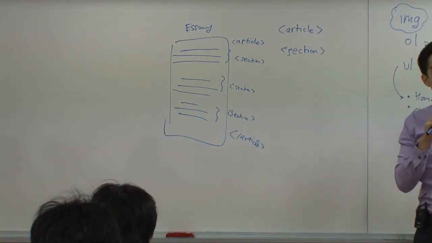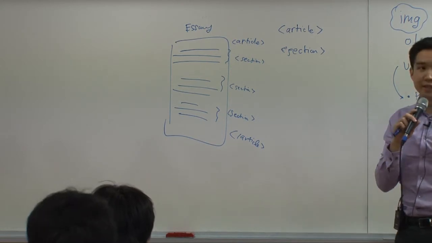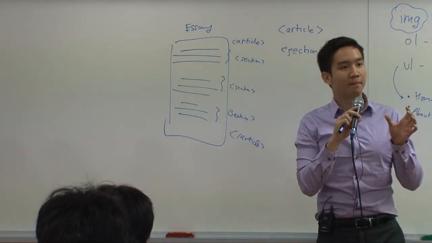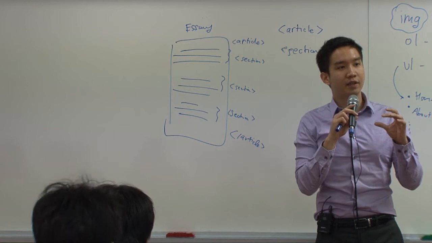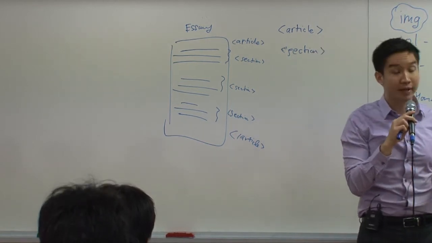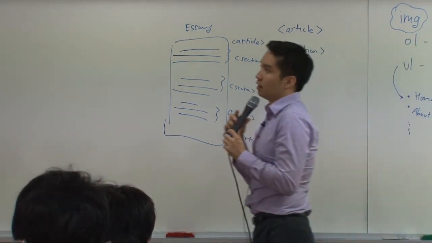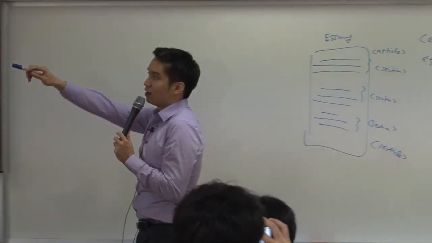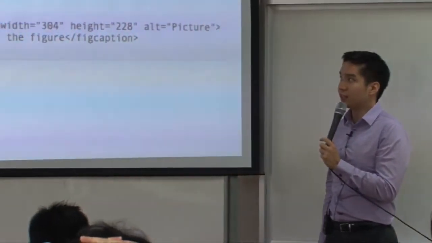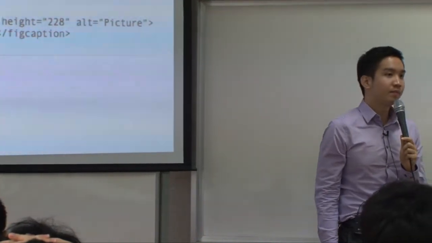The IMG tag, or the image tag, is used to specify what image you want to include in your web page. SRC equals /figure.jpg.